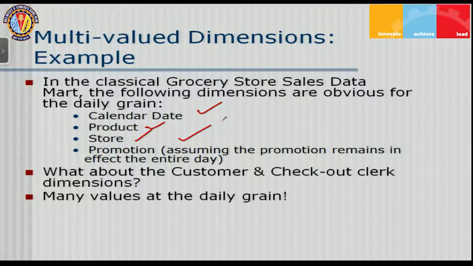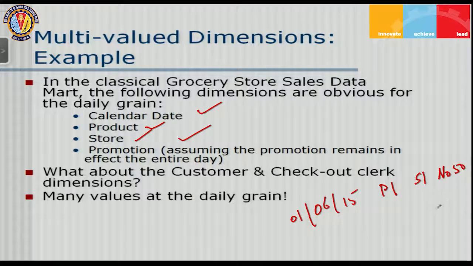So suppose I'm putting today's date, say for example 1/6/15, and then the product is say P1, and the store is say S1, and the promotion is no promotion, suppose, and then I have some kind of fact. So suppose total units sold, that is say 50.